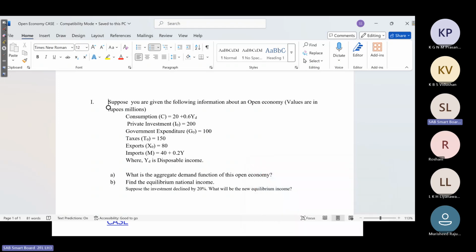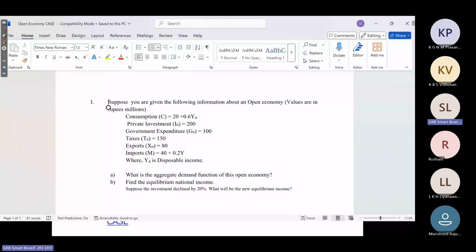Please derive your aggregate demand function. Our model is y equals c plus I plus g plus x minus m.